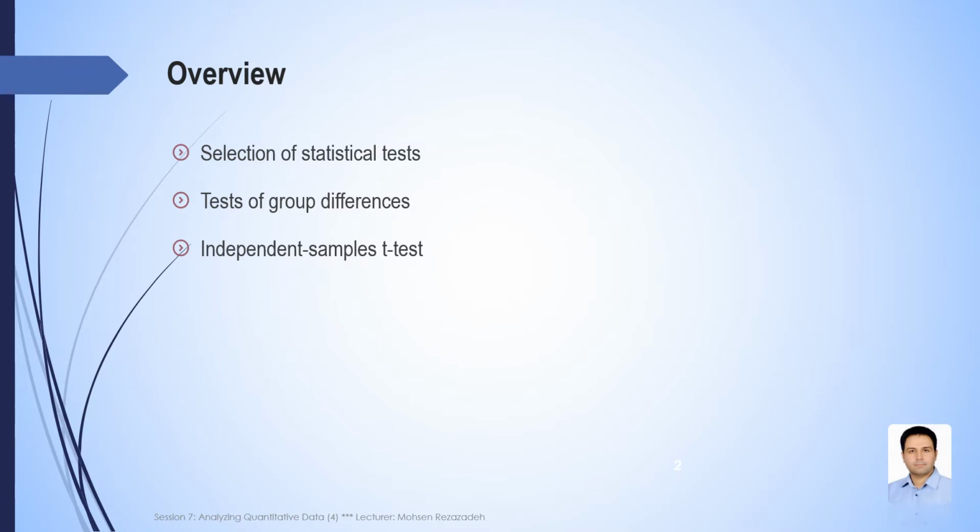Independent samples t-test when we have two independent groups, and paired samples t-test when we have students in the same group and we want to see the difference between the performance of the same students. Today, we will talk about other types of tests of group differences.